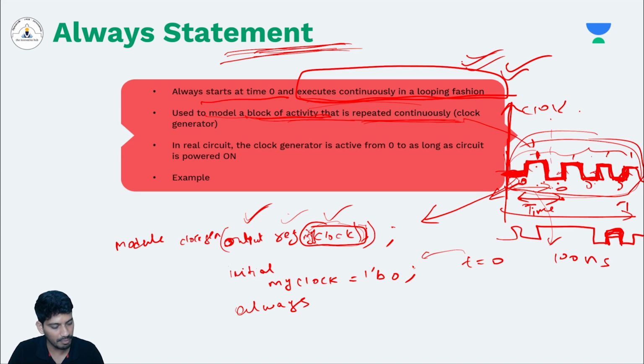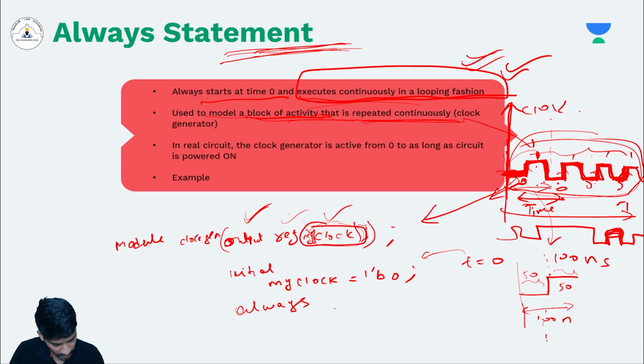So in order to have a time period of 100 nanoseconds, I'm drawing it again here. Let's say this is my time period 100 nanoseconds, and if I want a 50% duty cycle, 50% duty cycle means the on time period and off time period both are same. They are exactly half of the total time period. So this is 50 nanoseconds and this is 50 nanoseconds, right?